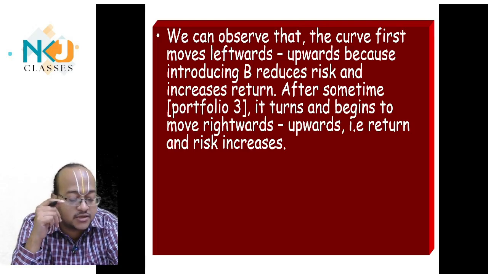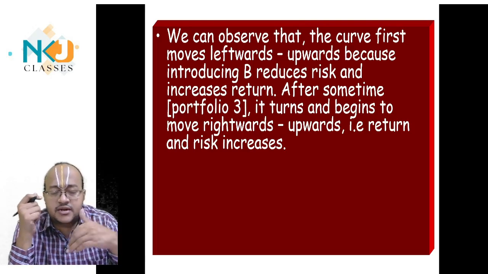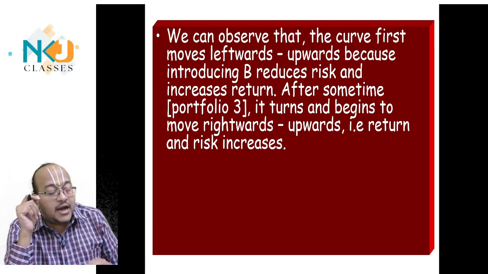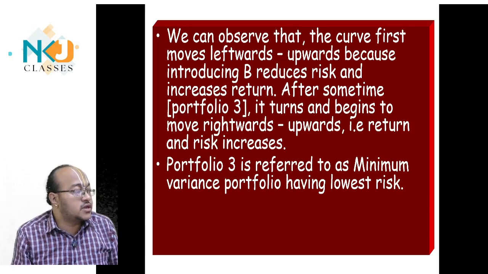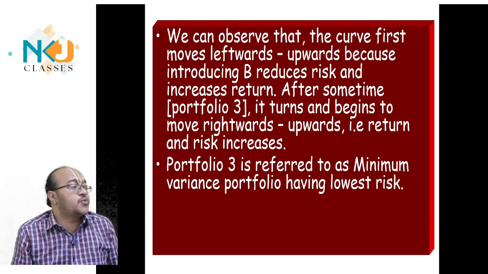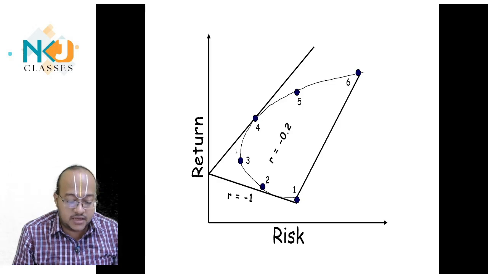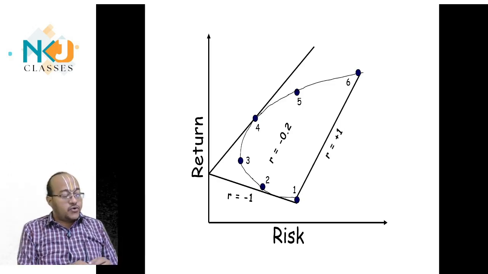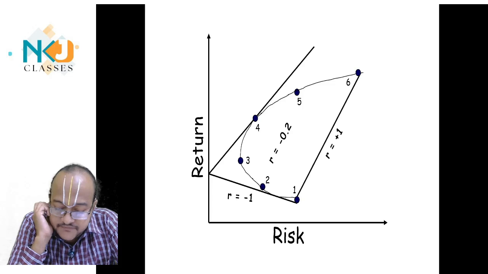It turns and begins to move rightwards and upwards. Upwards, of course, return is increasing on the y axis, so return and risk both are increasing. Portfolio 3 is referred to as the minimum variance portfolio, having the lowest risk. See, if my correlation is 0.2, portfolio 3 will become my minimum variance portfolio. Are you understanding?